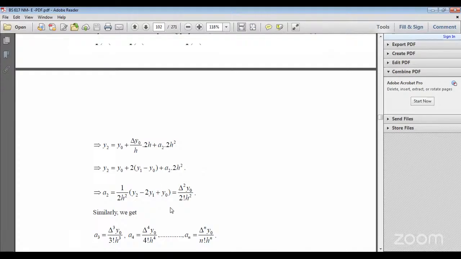So a2 is equal to 1 by 2h square times (y2 minus 2y1 plus y0), that is delta square y0 by 2 factorial h square.